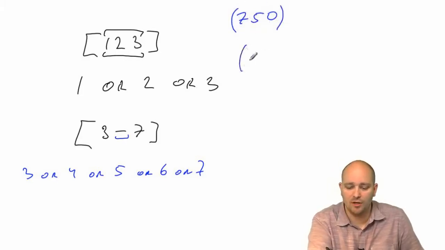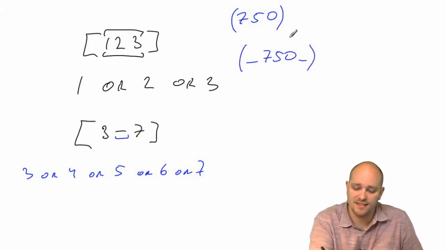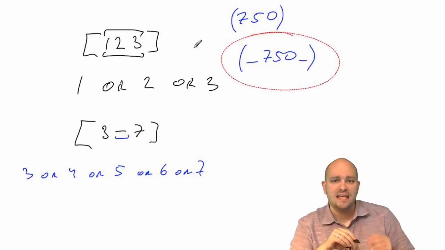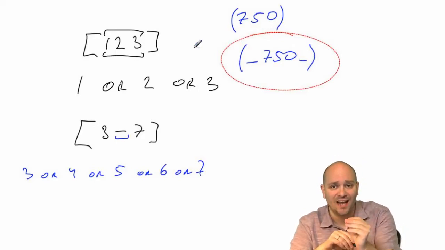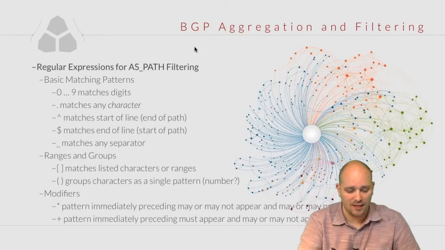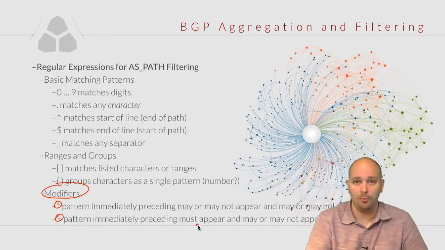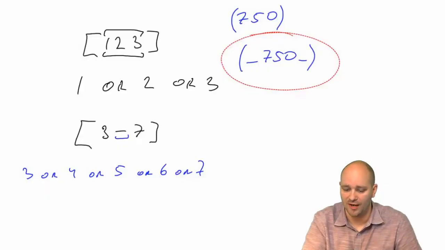Now, even better, if you wanted to match 750, would be to actually put it like this. Now, this in parentheses, from a regular expression perspective, is considered to be a single matching pattern. It's a single entity. Now, this brings me to modifiers. Now, these are star or a plus, and they are used after the pattern that you are trying to match.